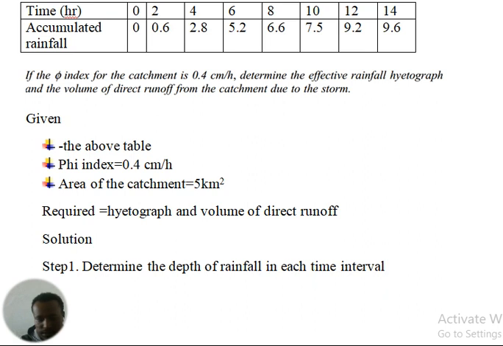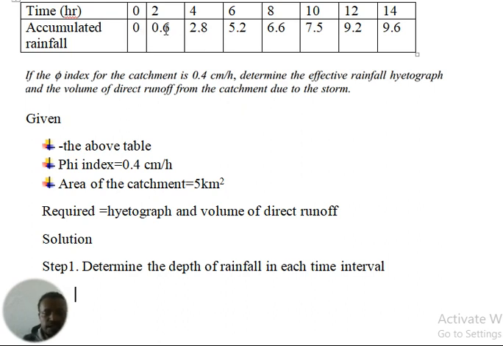To determine this depth of rainfall, or in another way the incremental rainfall, this incremental rainfall can be determined by subtracting the consecutive cumulative rainfall depths.